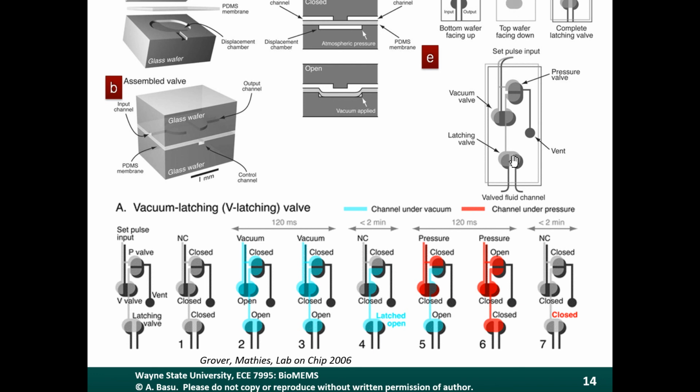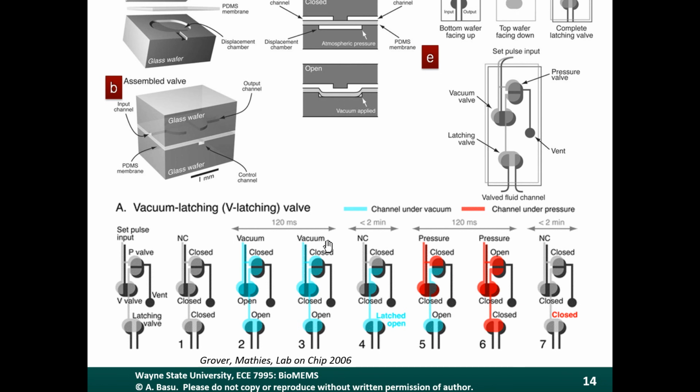So the trick that we're doing here with these two things is that we want it to maintain the state. If we put it into the open state where fluid can flow between these inlet and outlet, we want it to remain in that open state. And when we put it into the closed state, we want it to remain closed. We want it to remain in these states even when the pressure is removed from the system.